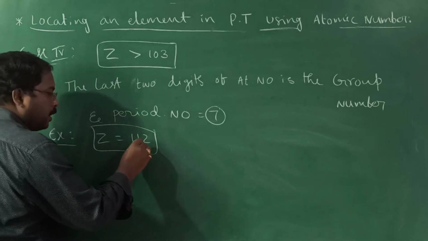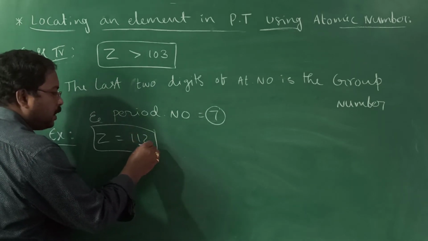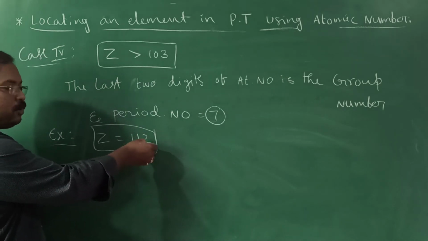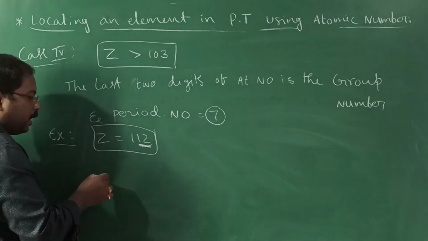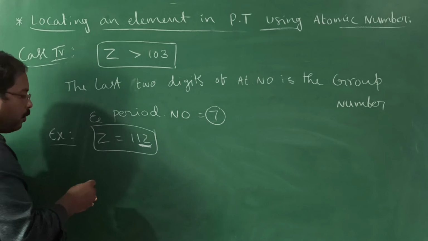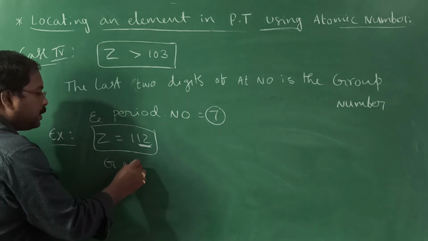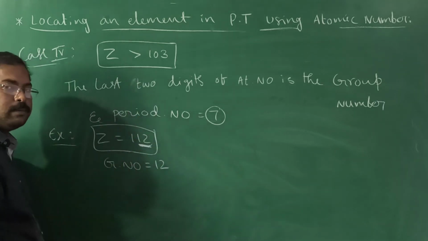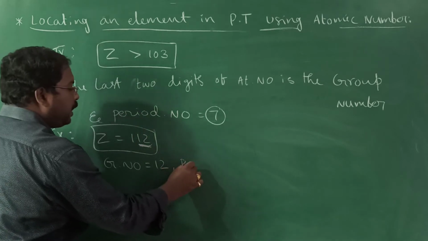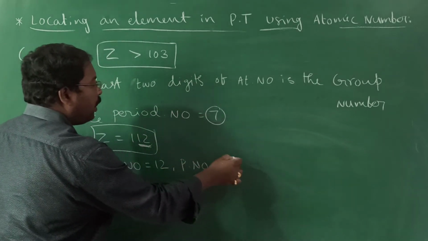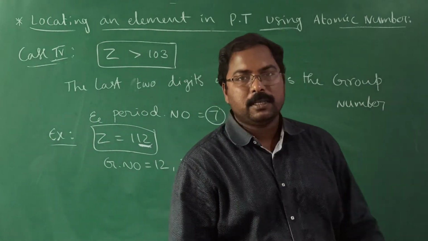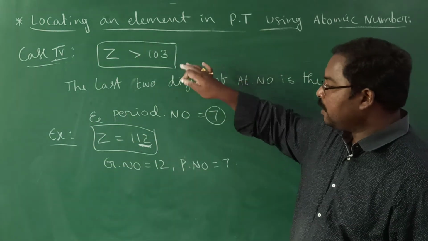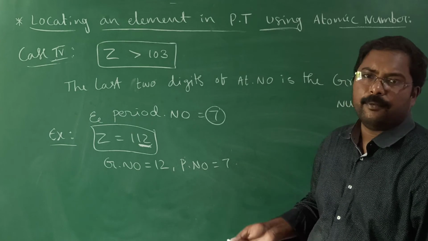Simply, what are the last two digits? 1, 2. So out of 112, the last two digits are 12. So its group number is 12. What is its period number? As I already told you, all these actinoids and even the elements following actinoids have period number 7.